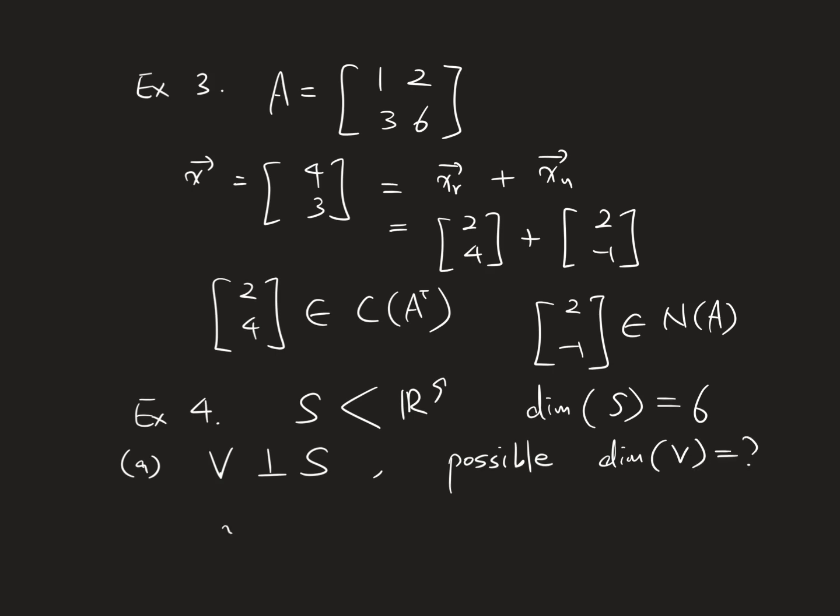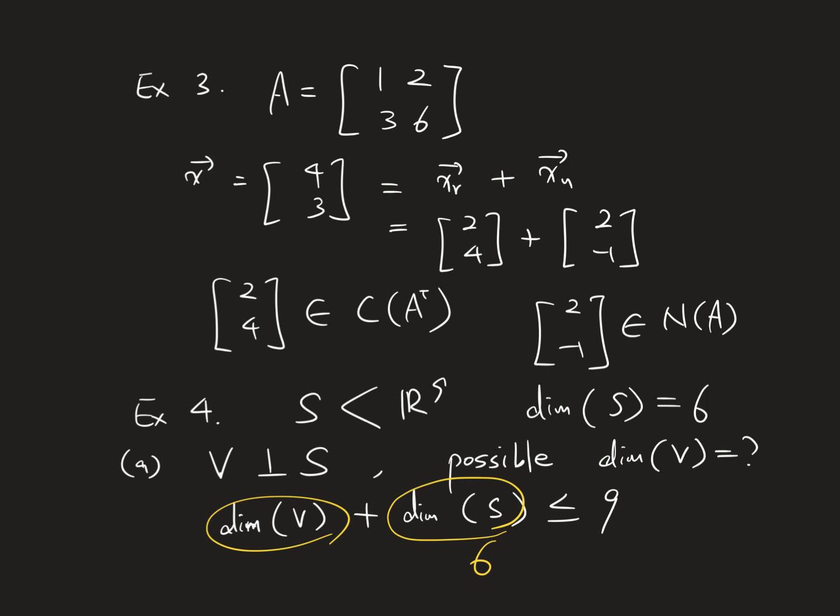We know that the dimension of V plus the dimension of S will be less than or equal to 9. But we know that this is 6, so we know the dimension of V could be 0, 1, 2, and 3.